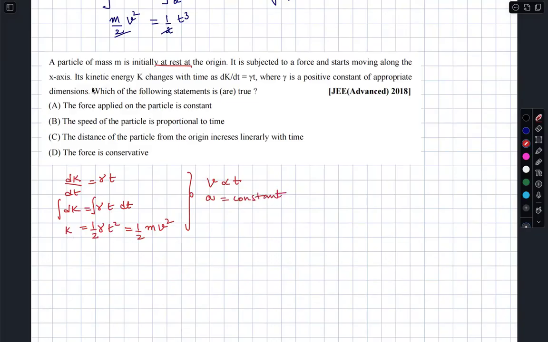Therefore, the force applied on the particle is constant and the speed of the particle is proportional to time. Since it is a constant force, it is conservative. Force is conservative. Any doubts?